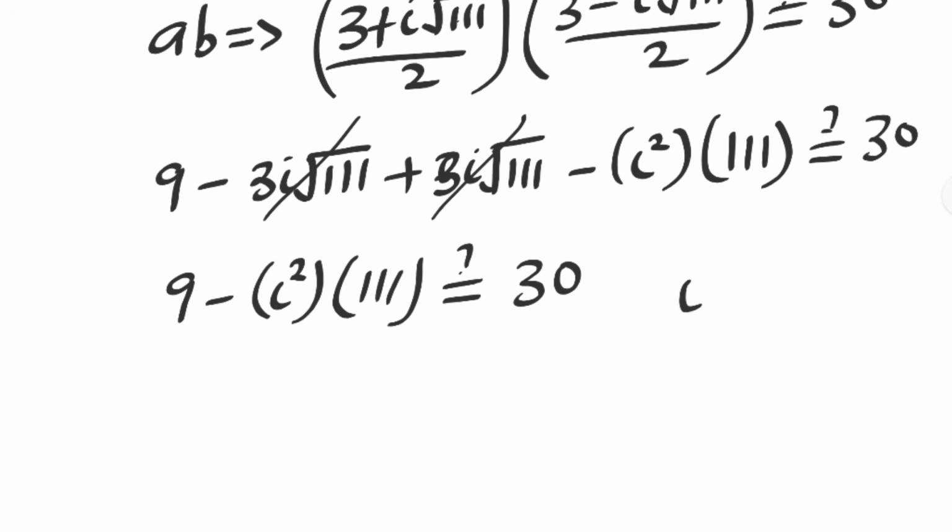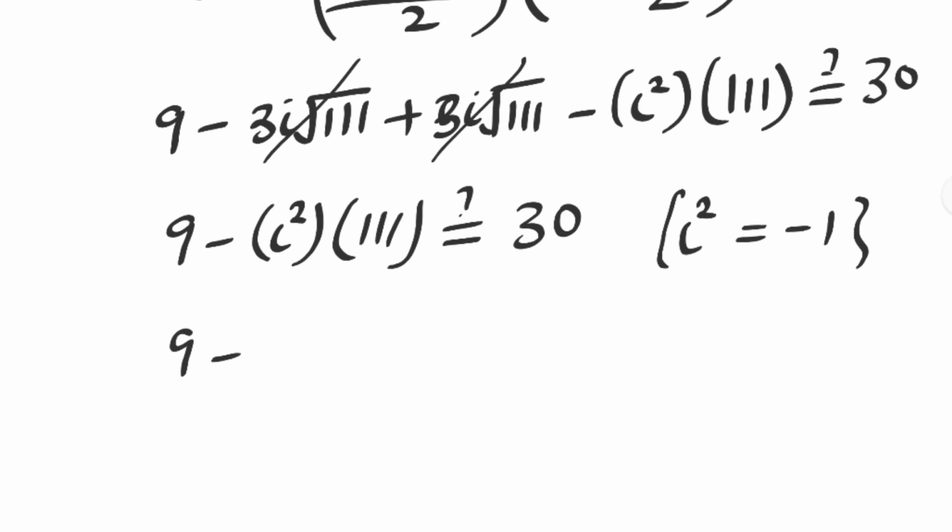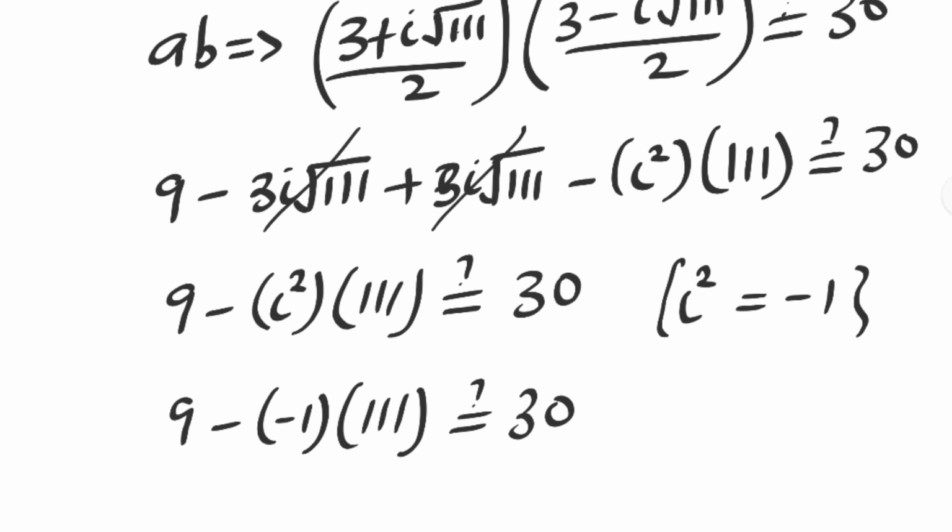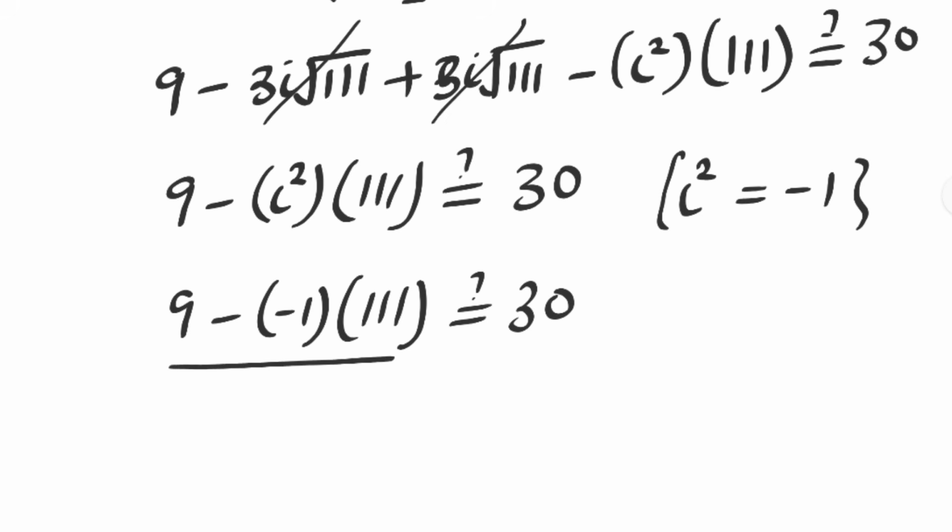This cancels this. We have 9 minus i square multiplied by 111. Now i square is equal to minus 1. This is 9 minus bracket minus 1 multiplied by 111. But here we have 2 multiplied by 2. This is over 4.